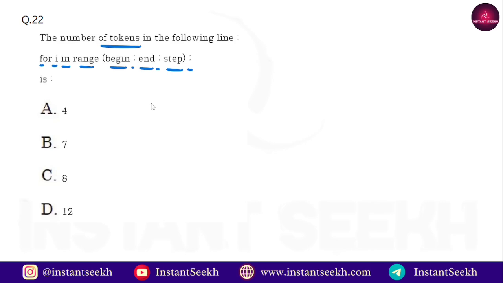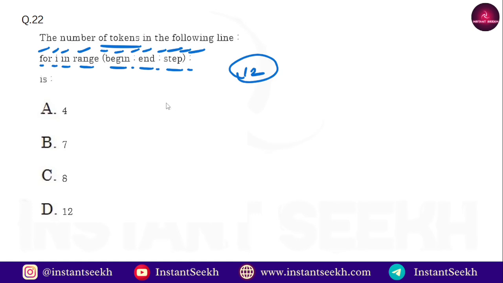If you count, the tokens are: first is for, 1; i, 2; in, 3; range, 4; parenthesis, 5; begin, 6; colon, 7 and 8; step, 9; parenthesis, 10; and again colon, 11. Okay, so there are a total of tokens in this line.